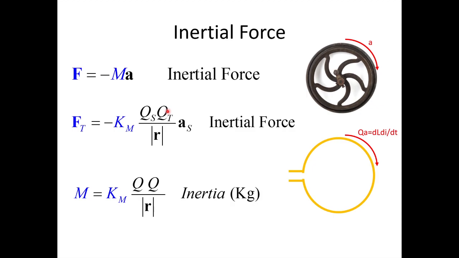Okay, and then if you set these equal, then you find out that mass, what they call mass, I call inertia, is km times q squared, coulomb squared over distance. And if you work out the units, that works out to kilograms. That's what they call mass. I call it inertia.